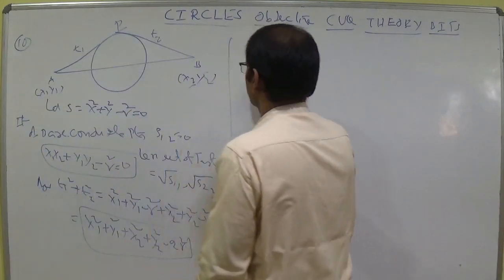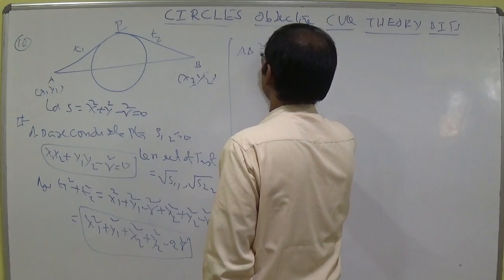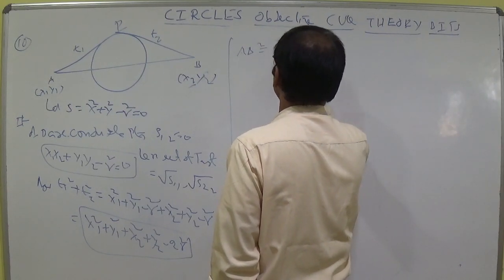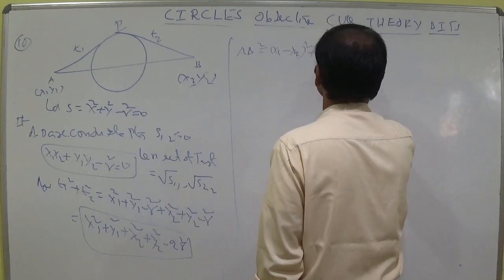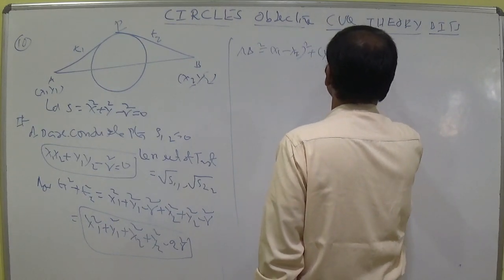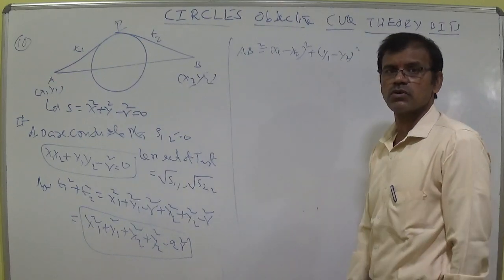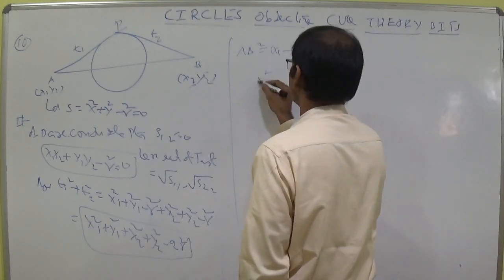Now what is the use? Depending upon the option. We can now write AB square. AB square is nothing but the distance between 2 points. You can write x1 minus x2 whole square plus y1 minus y2 whole square.